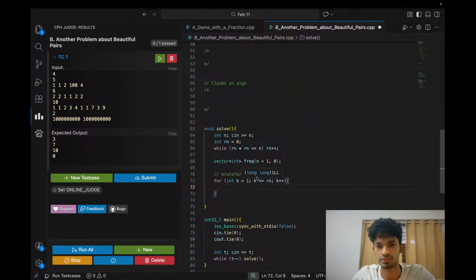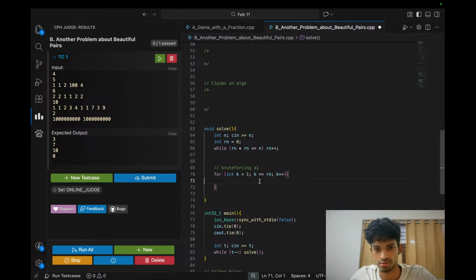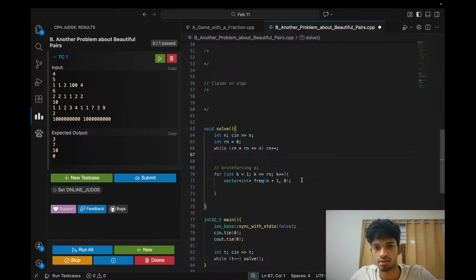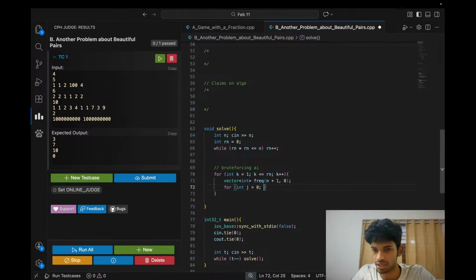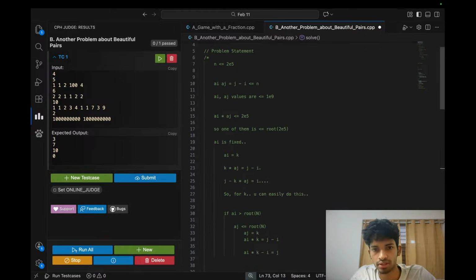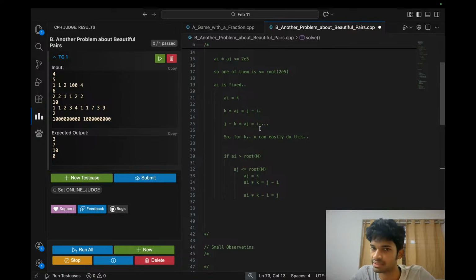So we have frequency. We're brute forcing ai: for int j equals 0, j less than n, j plus plus. What's the value I want? j minus k times aj.